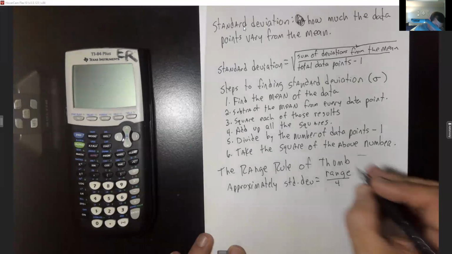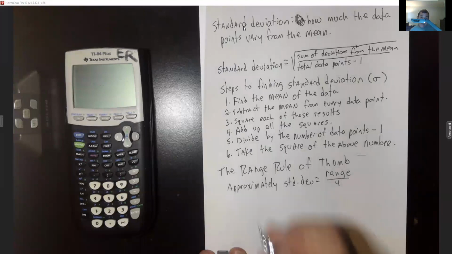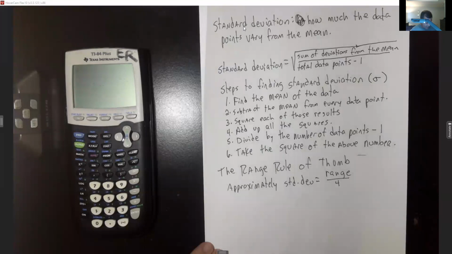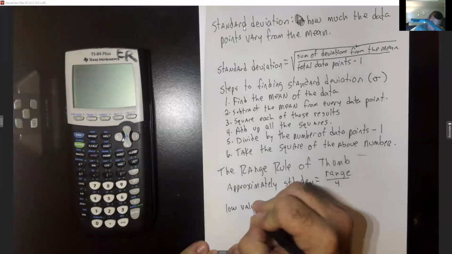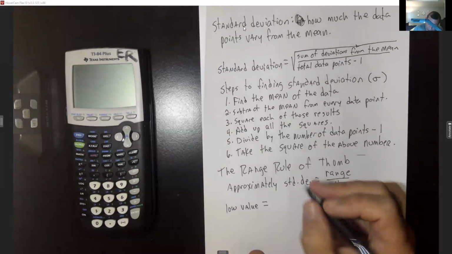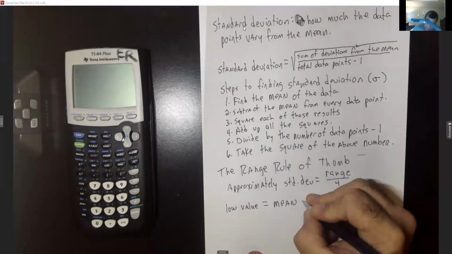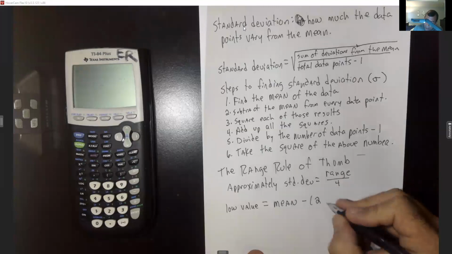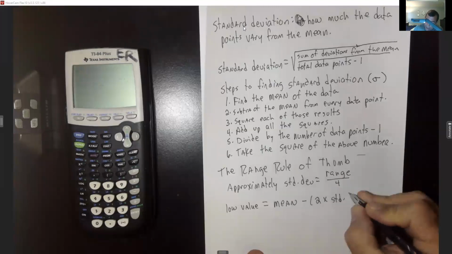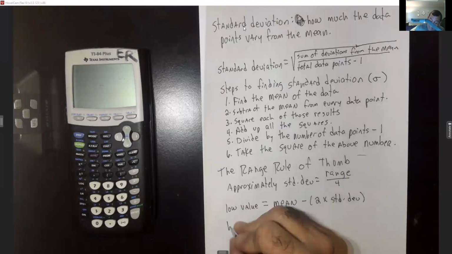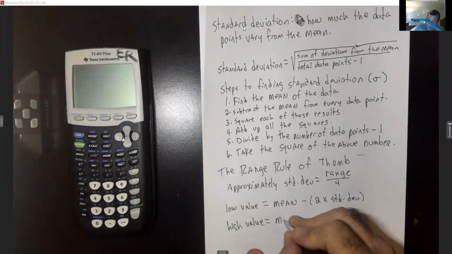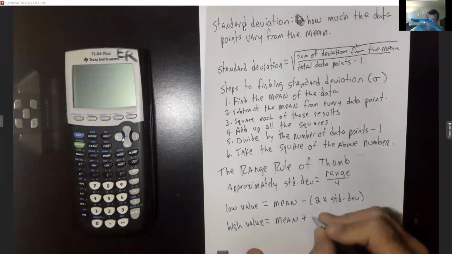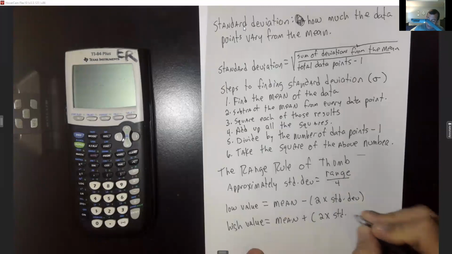Also, the second part of this says that if you know the standard deviation of the data set, then we can estimate the high and low values. The low value is going to equal your mean minus 2 times your standard deviation. Your high value is going to equal your mean plus 2 times your standard deviation.